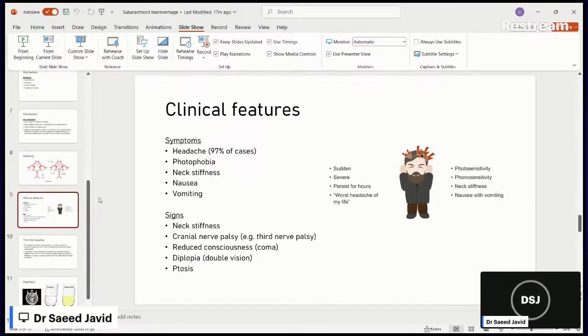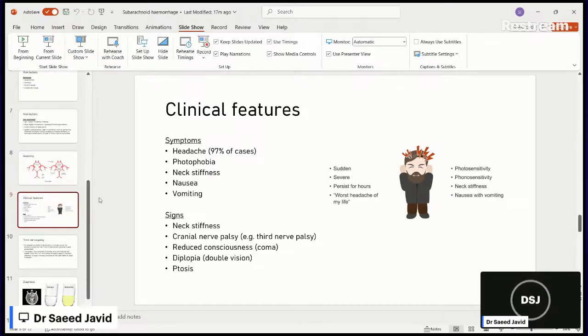The main signs and symptoms, especially symptoms-wise, are mostly going to be a headache and signs of meningism. Meningism is a triad that we typically attribute to headache, neck stiffness, and photophobia.